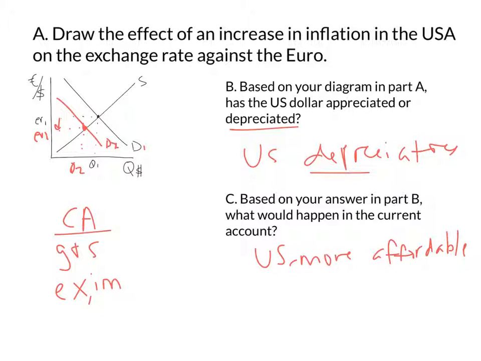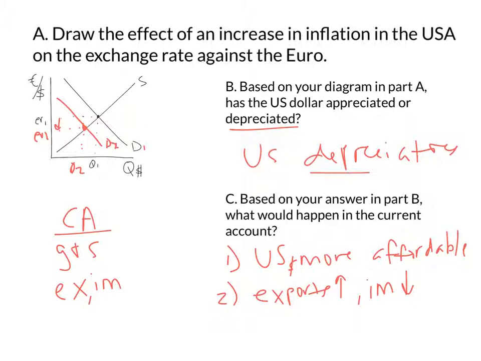Because the US dollar is more affordable, this is kind of like a two-part answer. Ultimately, you just need the second part of this. If the US dollar becomes more affordable, exports from the US are going to increase because Europeans are going to be able to buy dollars more cheaply and thus buy US goods more cheaply. So exports will be on the rise, as well as imports will fall because the dollar is depreciated.